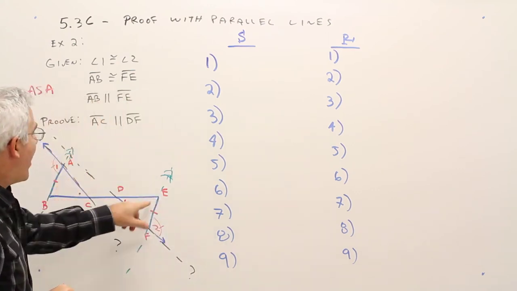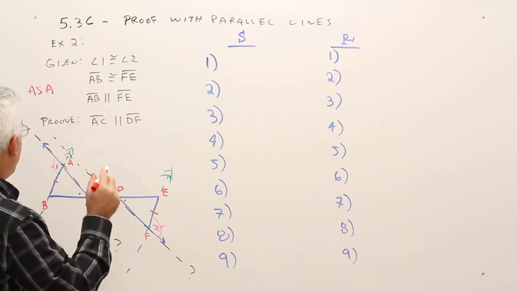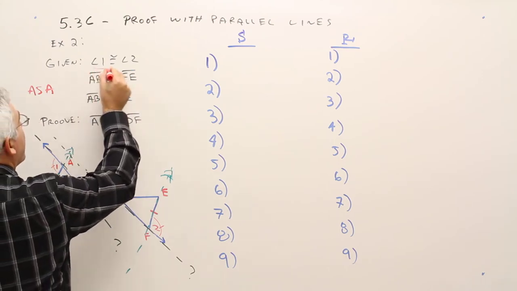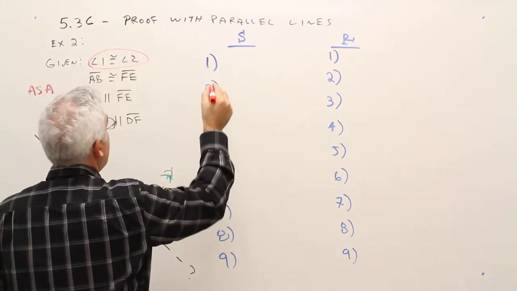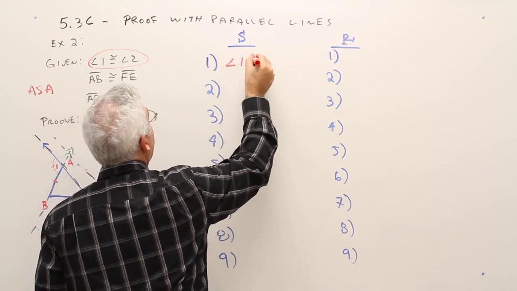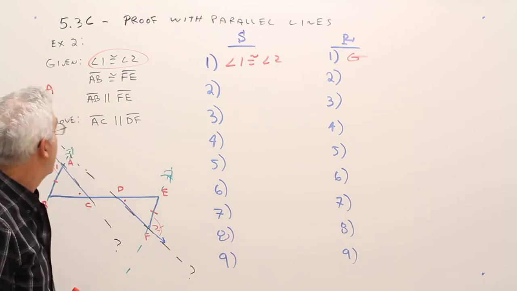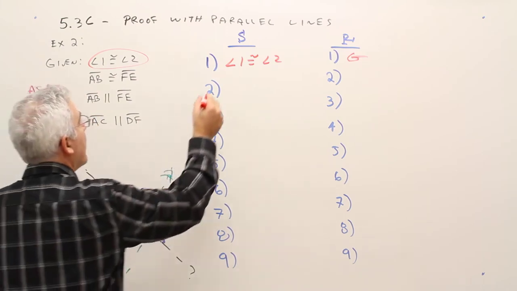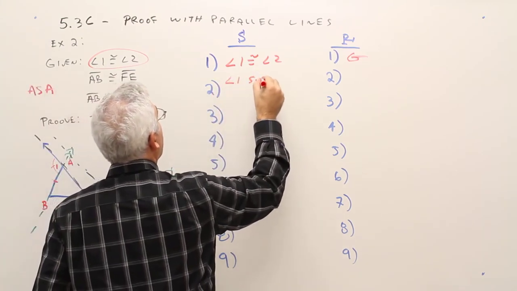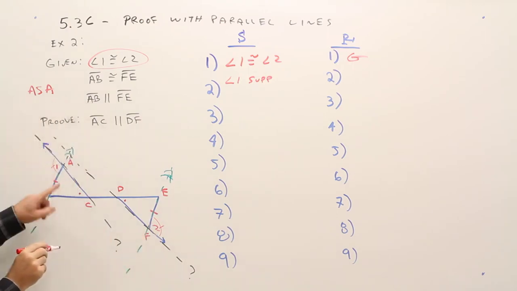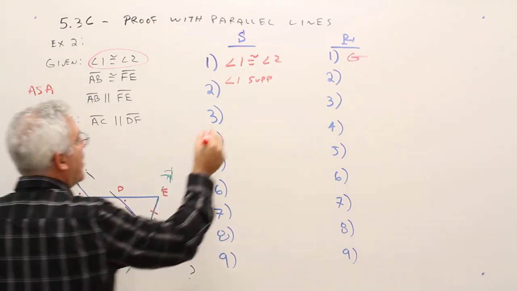Okay, so getting the triangles by ASA, I will start with this statement right here. Angle 1 is congruent to angle 2. That was given. Now I'm going to say angle 1 is supplementary to, I've got to use 3 letters, CAB.